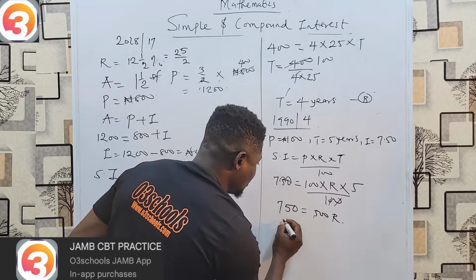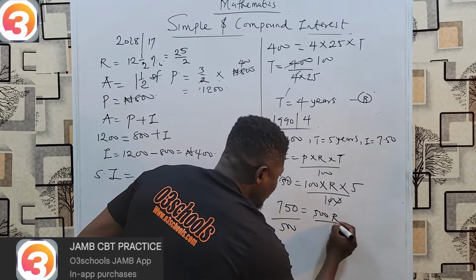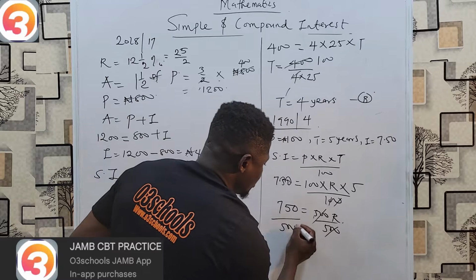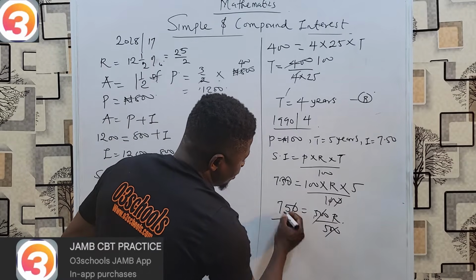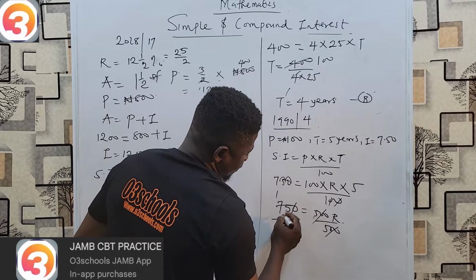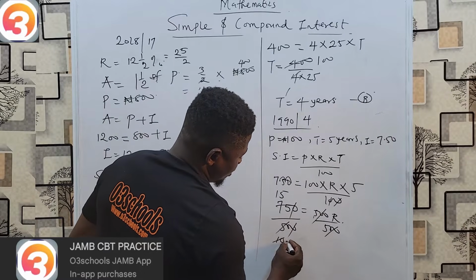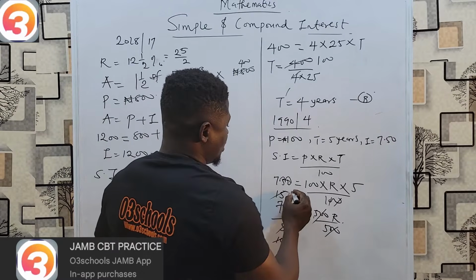Divide both sides by 500, and the 500 cancels out. 5 into 750 goes 150, 5 into 15 is 3, 5 into 10 is 2.